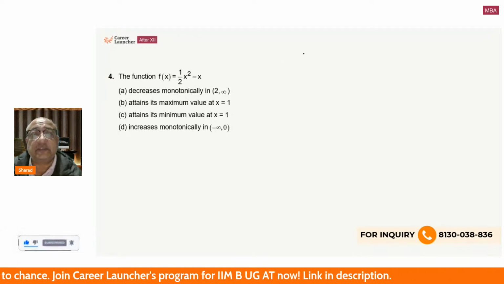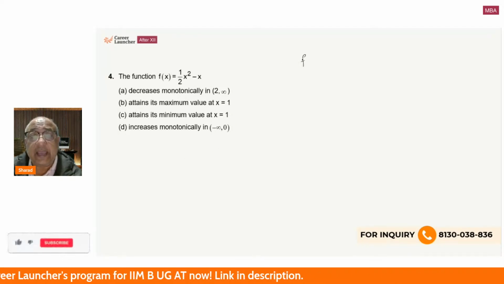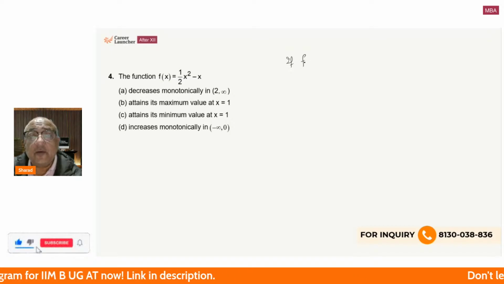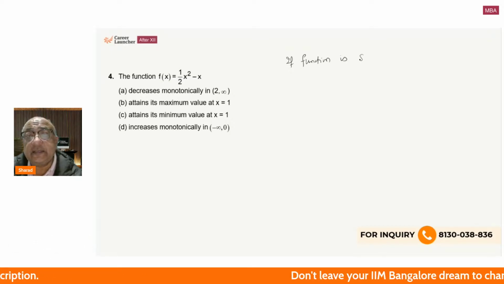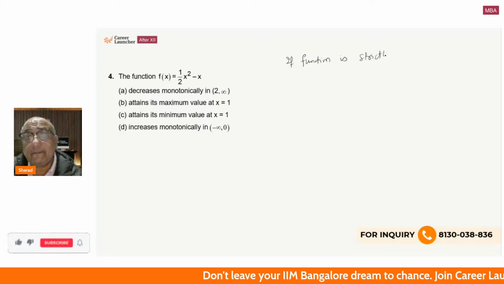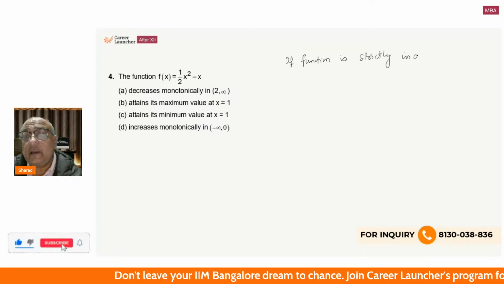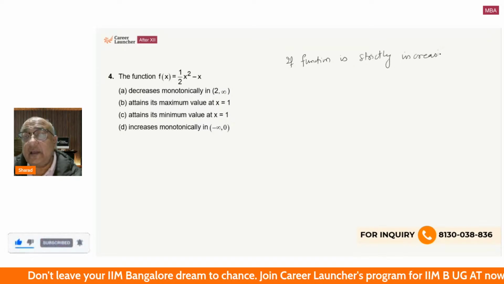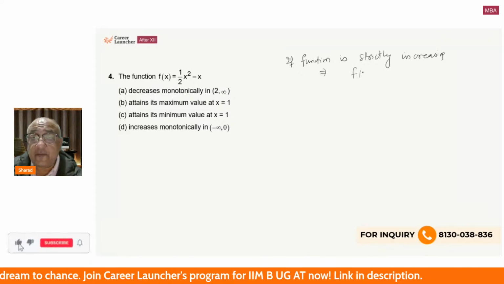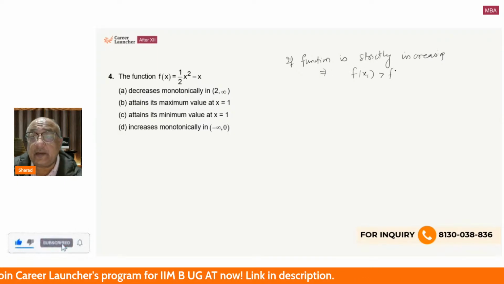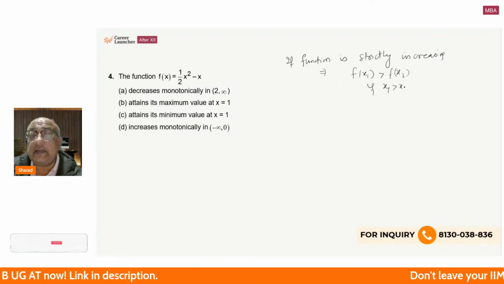What is the concept of monotonicity? Let us revise this. If a function is strictly increasing, right? Strictly increasing means only one fact: f of x1 will be greater than f of x2 if x1 is greater than x2.